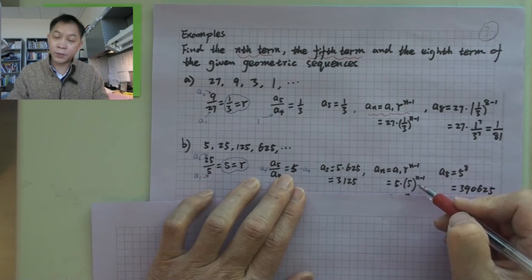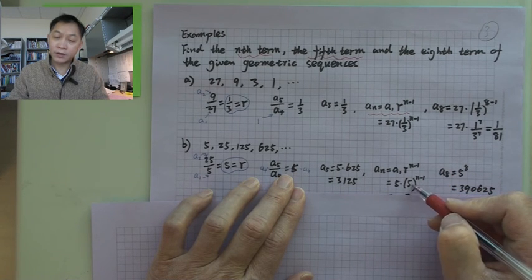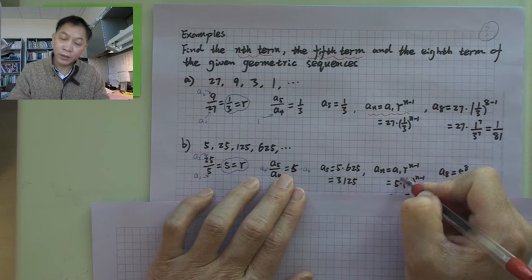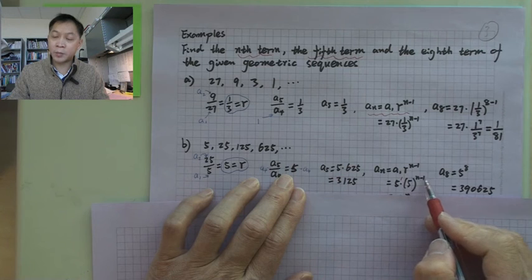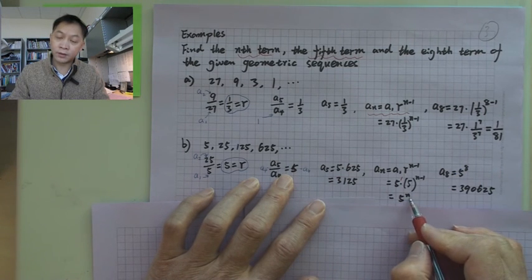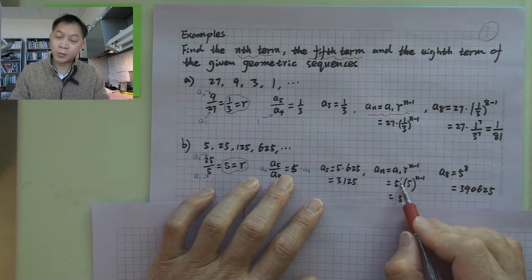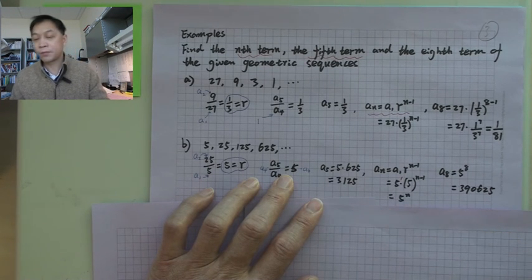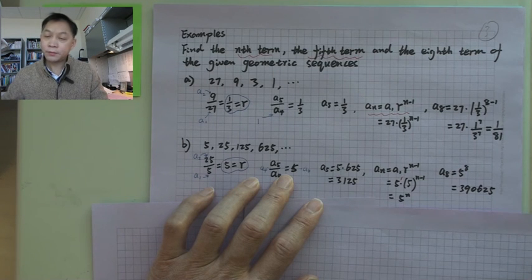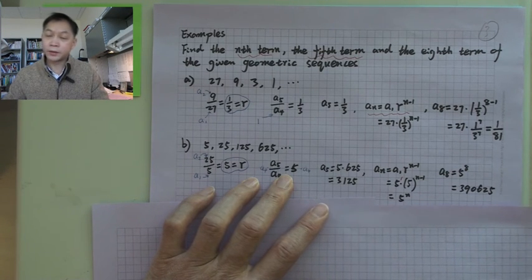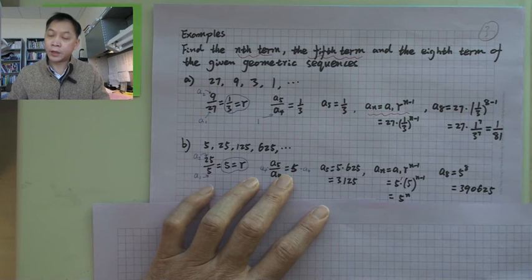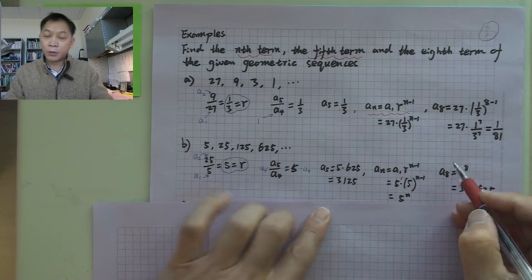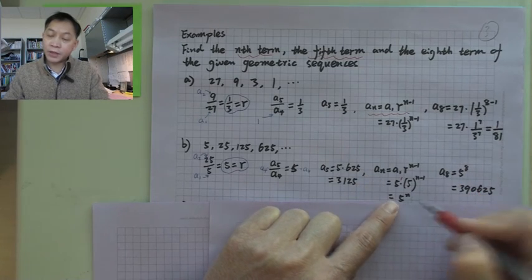So then we get 5 times 5 to the n minus 1. And remember the exponent here is 1. So 1 plus n minus 1 is n. When you do the multiplication, you add exponents. Now we have A sub n is 5 to the n.